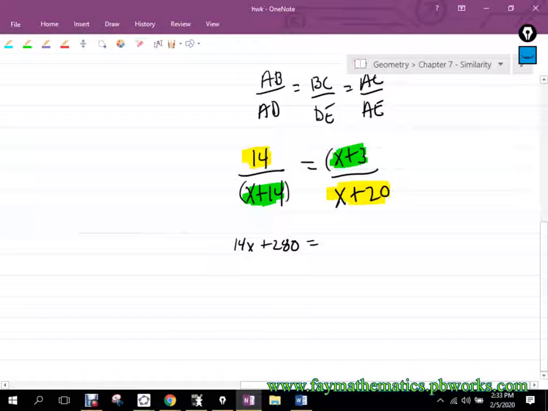So I got a FOIL. So there's some algebra there that maybe we need to jog our memory with. So x times x gives me x squared. X times 3 gives me 3x. And then 14 times x gives me 14x. And then 14 times 3 gives me 42.